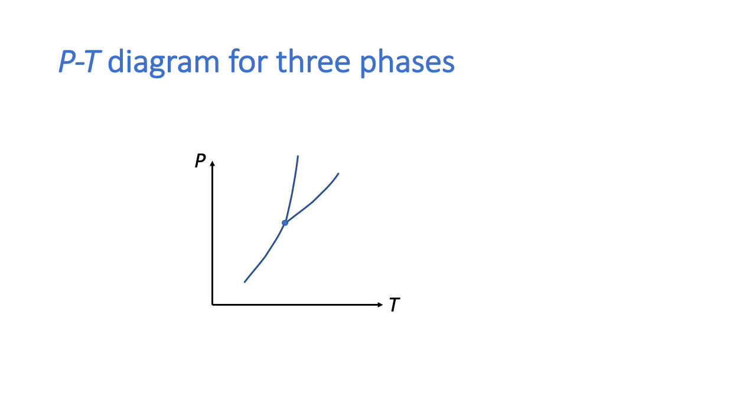We can draw the equilibrium curves for all three phases, liquid, solid, and vapor, on a single PT diagram. This region would then be the solid, this would be the liquid, and this would be the vapor. We can represent on this the phase transition across each one of these equilibrium curves. So going from solid to vapor is a process of sublimation, from solid to liquid is melting, and from liquid to vapor is evaporation.